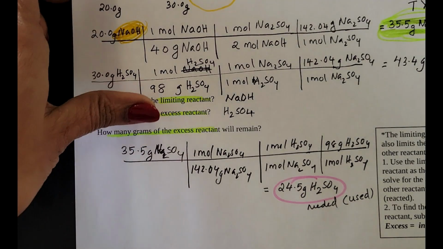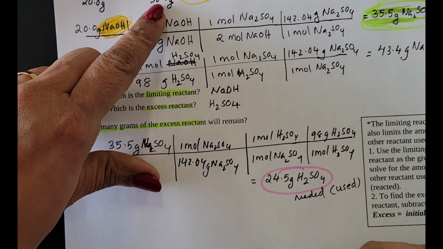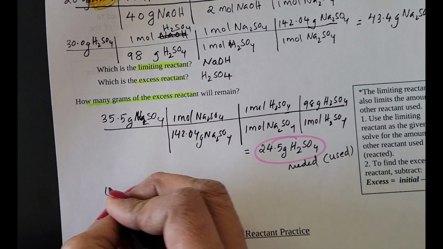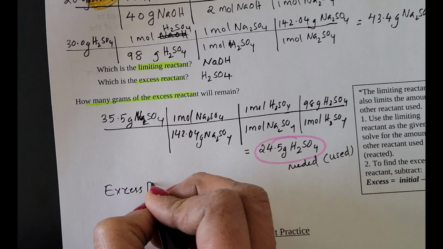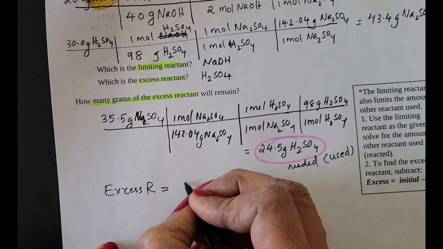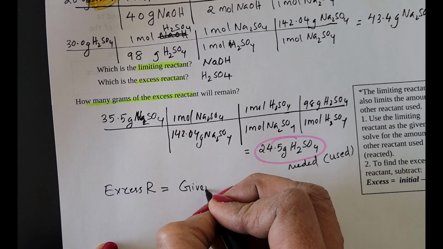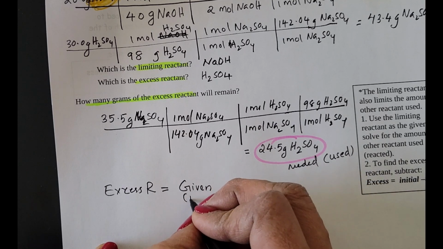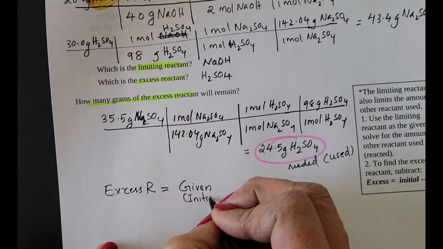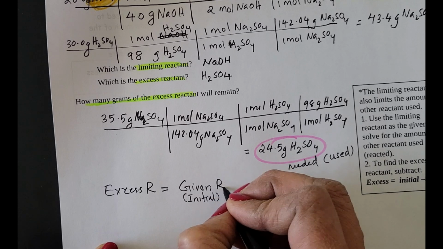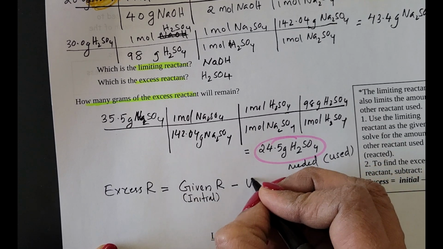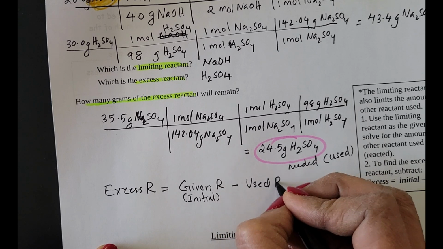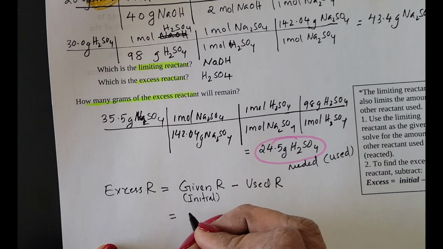So how much will be in excess? We have 30 gram given. To find the excess reactant, the given amount, that is the initial amount of the reactant, minus how much is needed or how much is used.